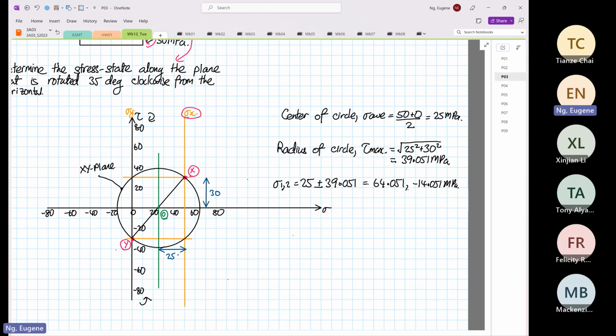Then you can also find your principal plane. Okay.